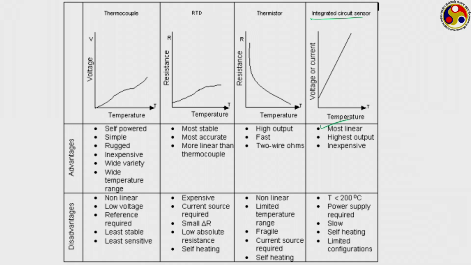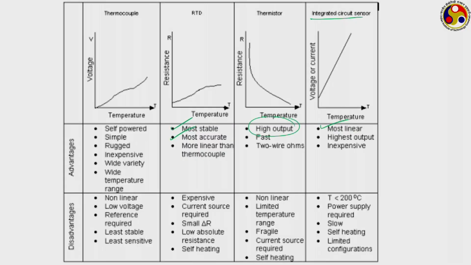However, the most stable output and most accurate operation we can generally get from the RTDs. But the output from RTDs is generally quite small in magnitude, so we often have to go for some kind of amplification, whereas in the case of thermistors we get high output. For a given change in temperature, the thermistor probably gives the highest output.